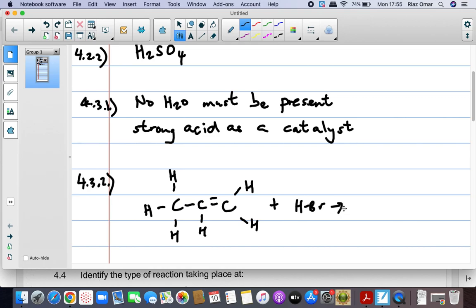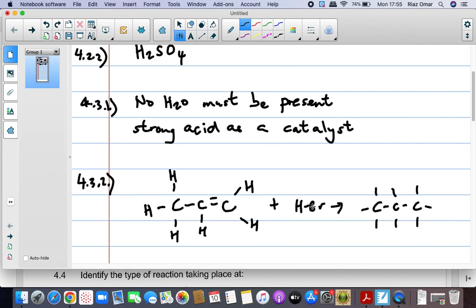to it, and then what's going to happen? The double bond will break. So here are the carbons. Let's just put this down. Carbon, carbon, carbon. And then the double bond will break. And then if this double bond breaks, there's another place for an attachment.